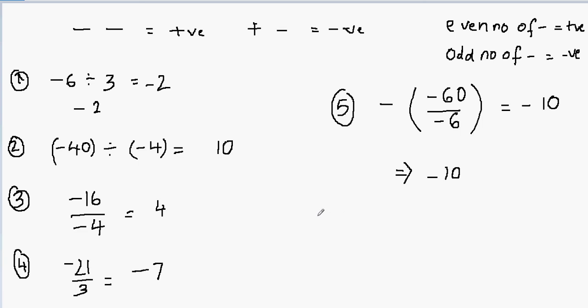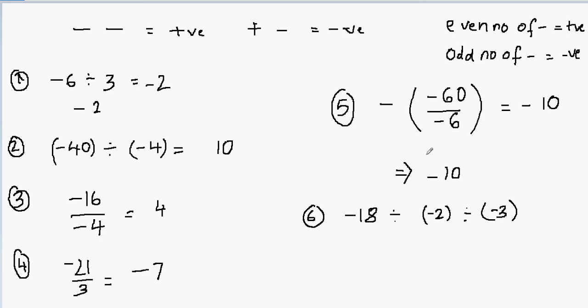I have negative 18 divided by negative 2, and then this is divided by negative 3. Here also you can use the same rule if you want.